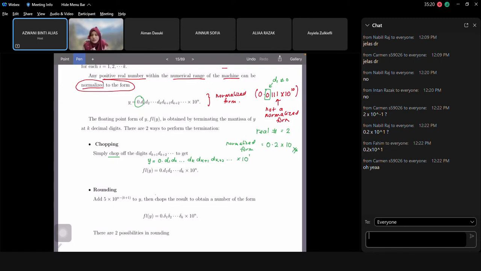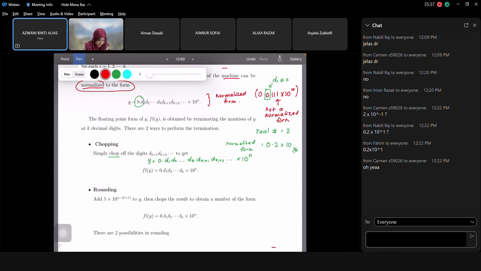This is y. The floating number of y adalah berlaku apabila kita chop ataupun kita rounding. Okay, first chop. Chop ni maksudnya kita terus je cut. Ambil pisau, terus potong kan.